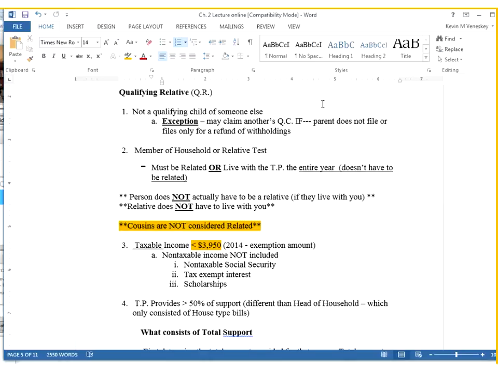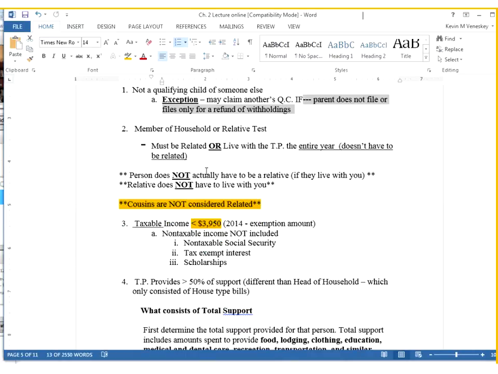Maybe they do just to get a refund, and that's okay. But as long as they do not have to file based on those income limits, then the individual may claim as a qualifying relative someone who is somebody else's qualifying child. But that's the only way. If the other person must file and they have a kid, then they either claim the kid or nobody does. A girlfriend can't claim the boyfriend's child if the boyfriend did have to file.